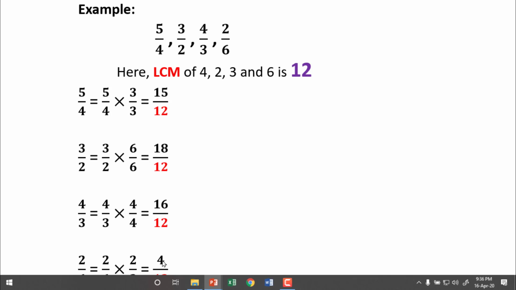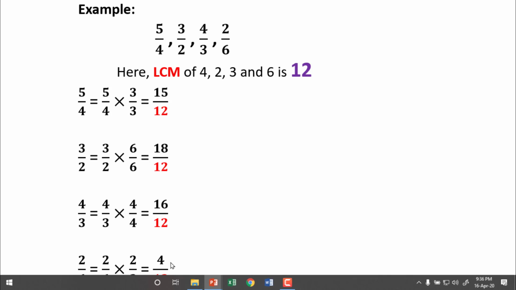So look, for the given fractions, we found the equivalent fractions of them, which carry the same denominator 12. So now look, 15 by 12, 18 by 12, 16 by 12, 4 by 12, here the denominators are the same.